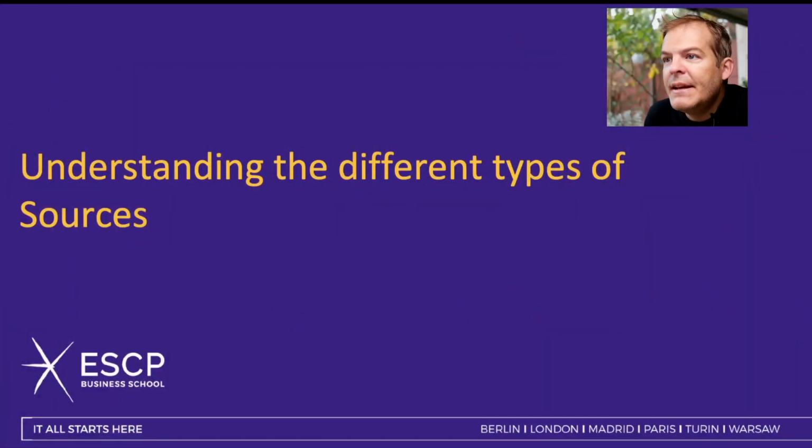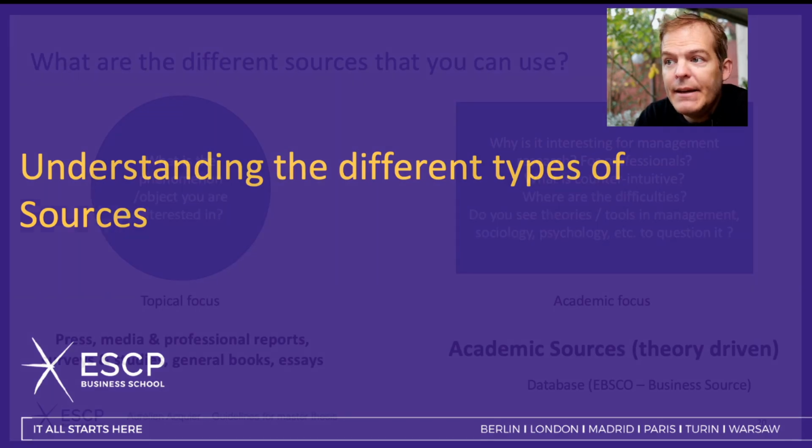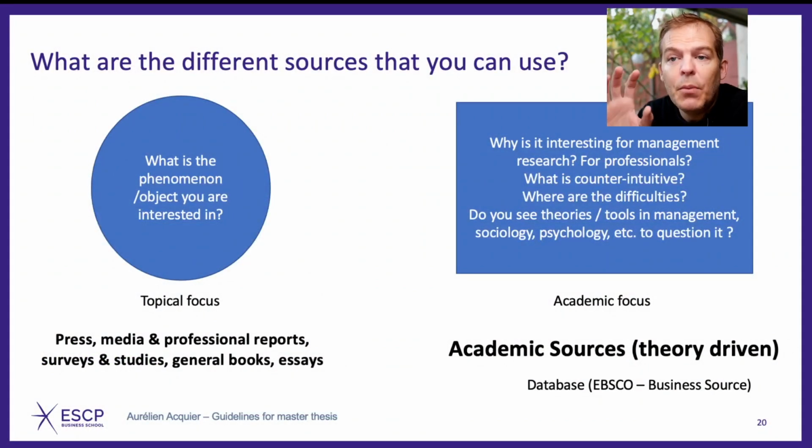So, understanding the different types of sources. As I explained, it's really important to distinguish between two big types of sources that are really different. The first one is the sources that have a topical focus, so sources that will help you to understand your object of research. This can be the press, the media.